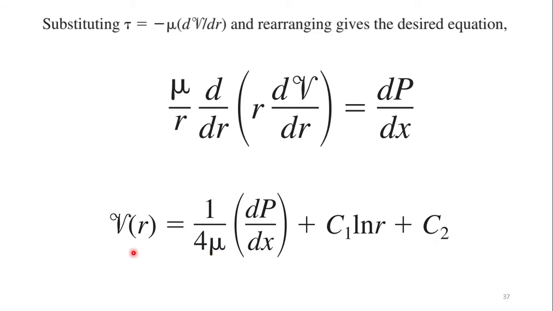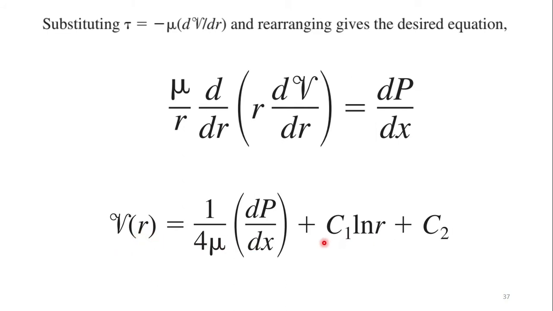This is the expression that you get after integrating twice, so it will have two constants, C1 and C2. This is the indication that you have integrated the equation twice. This expression is the velocity profile in terms of the radius.